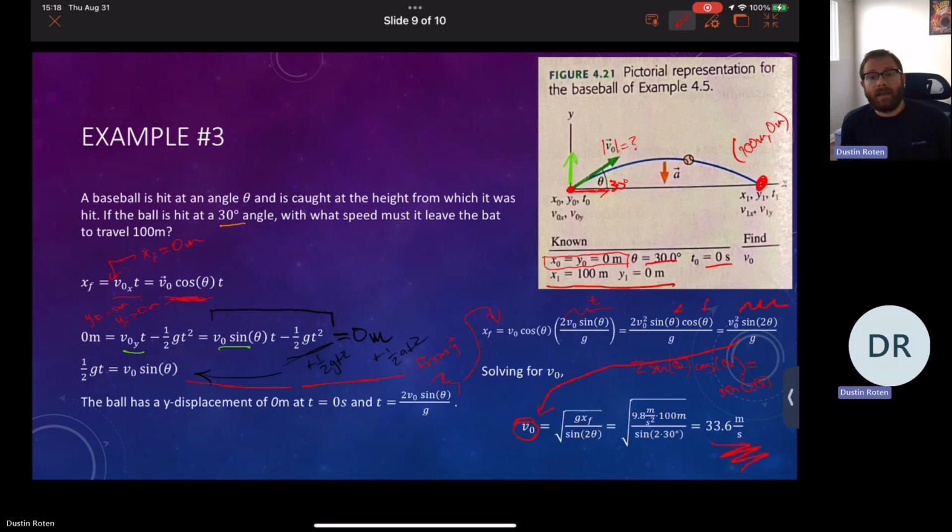It turns out that if we hit this ball and it leaves our bat at 33.6 meters per second, which is very fast, at a 30-degree angle, it's going to hit the ground, or at least be caught at the same level, 100 meters away. That's really far. That's a little more than a football field.